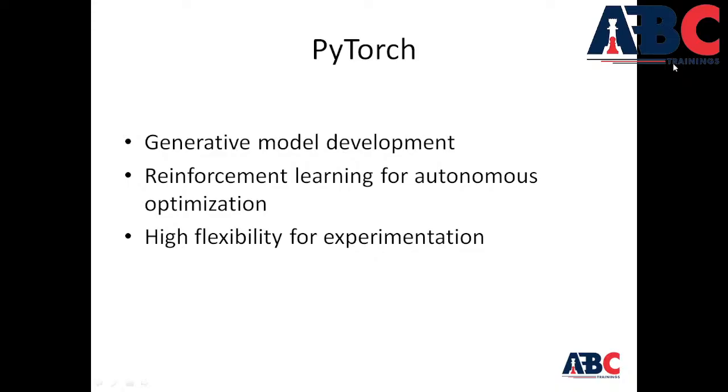It integrates seamlessly with CUDA-enabled GPUs, allowing models to train on massive datasets with high throughput and efficiency. The automatic differentiation engine, autograd, tracks operations and computes gradients automatically, eliminating the complexity of manual derivative calculation. This automation accelerates development and ensures mathematical accuracy across deep learning workflows.